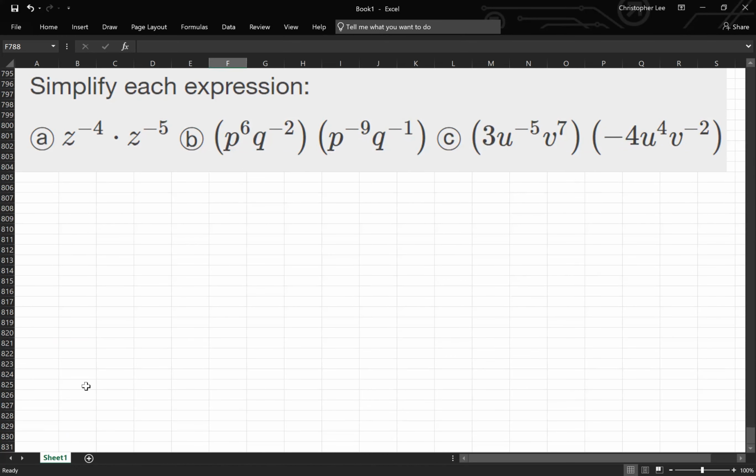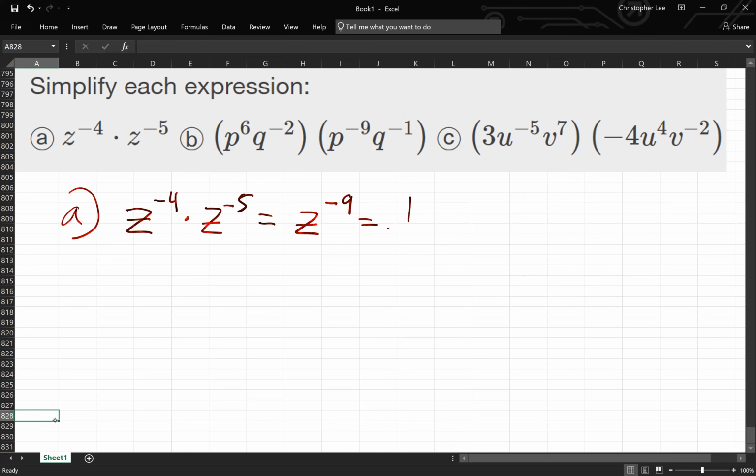All right, let's take a look. So I got z to the negative 4 times z to the negative 5. What is that? Negative 9, which becomes... very good.